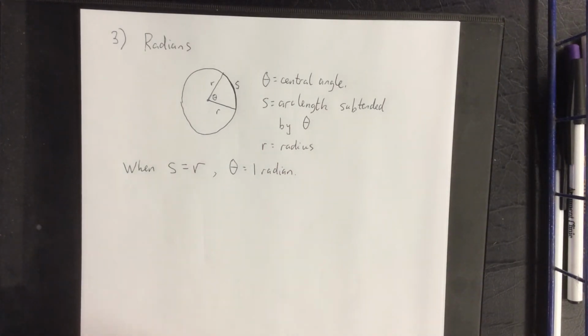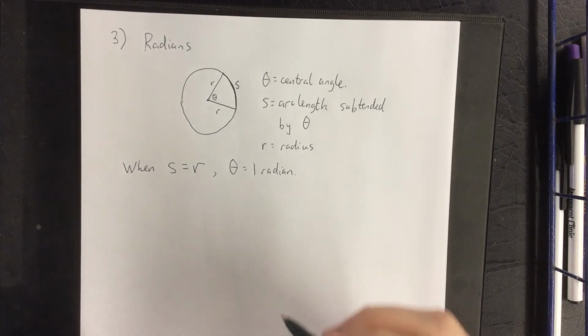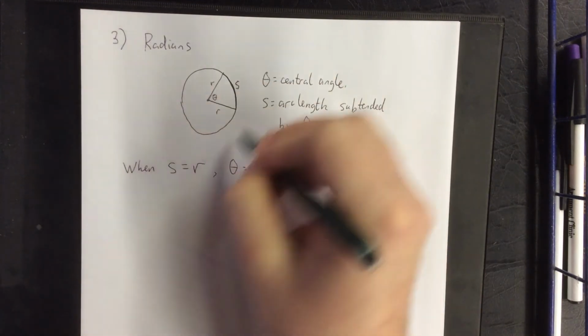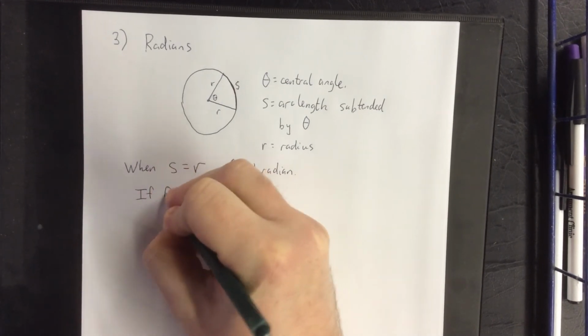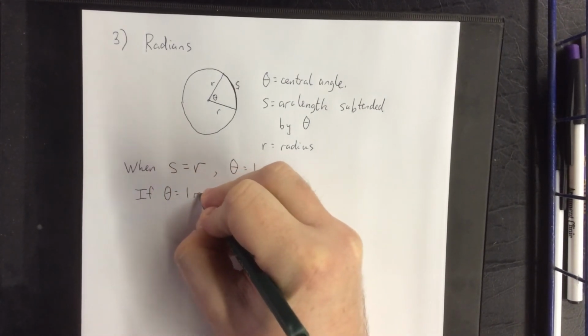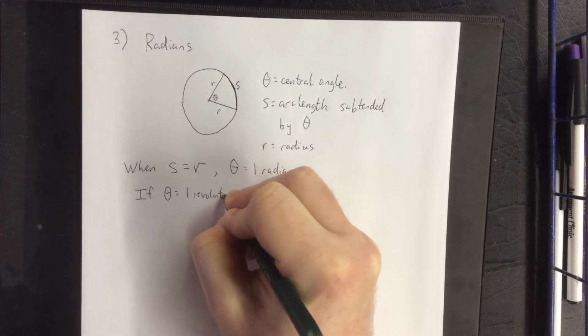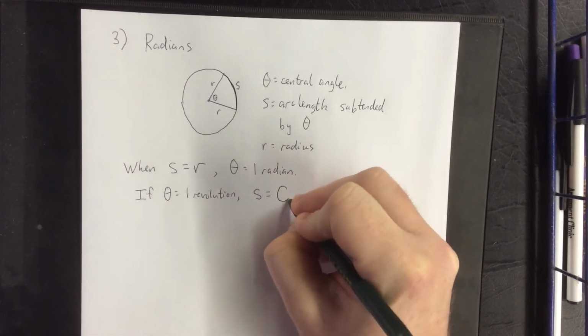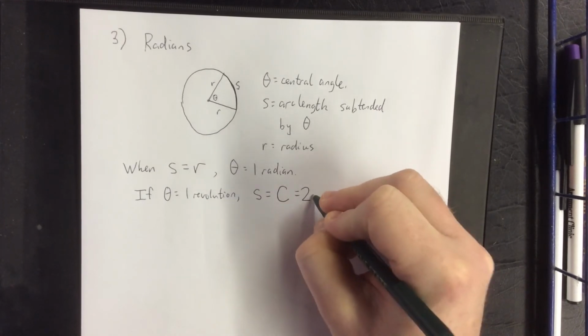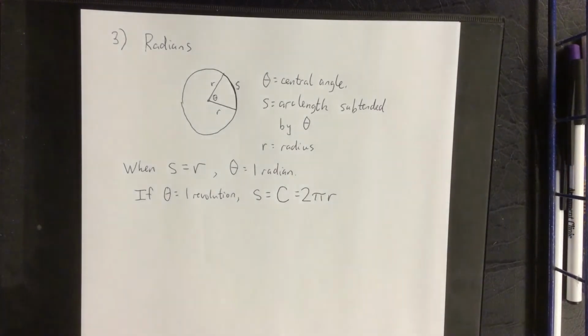1 radian is slightly smaller than 60 degrees. However, I would like to point out that if we refer to the entire circle, so if theta is equal to 1 revolution, the arc length that we would be referring to is actually going to be the circumference of the circle. That would be 2 pi times r.